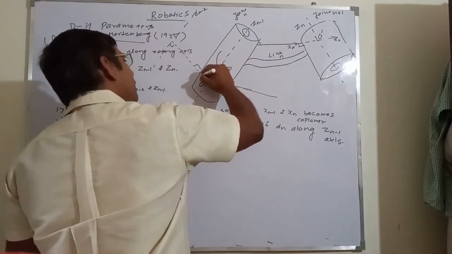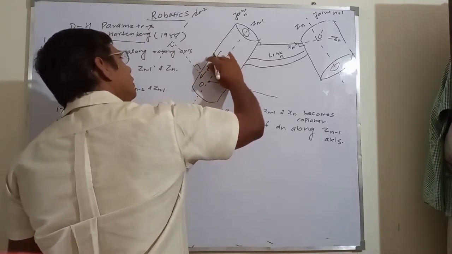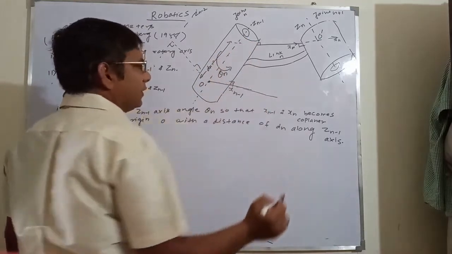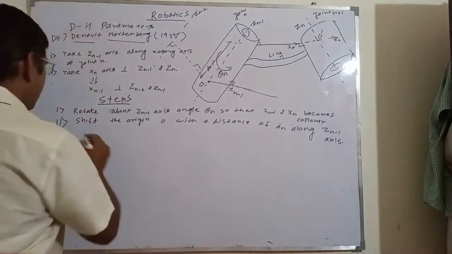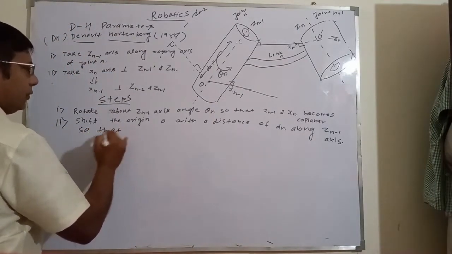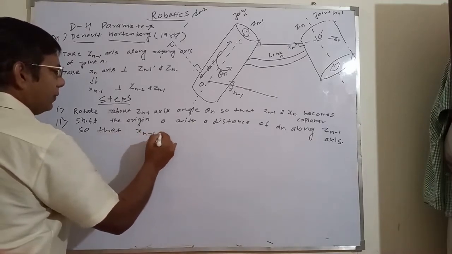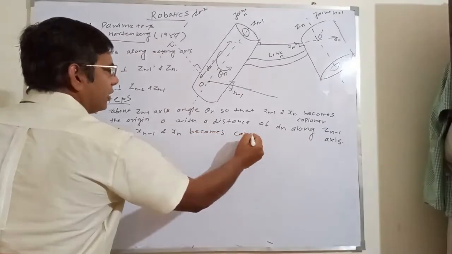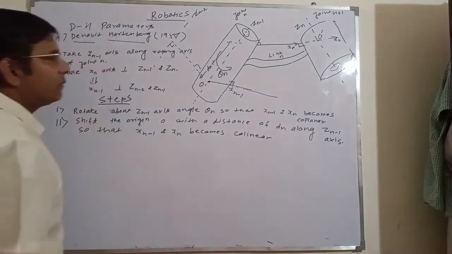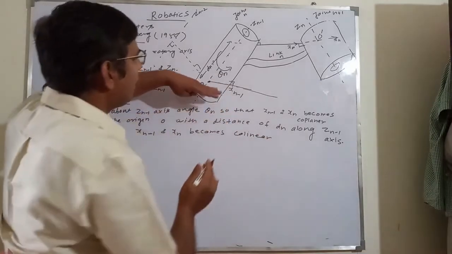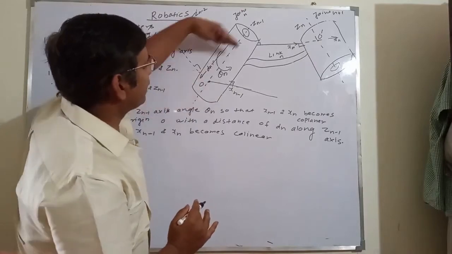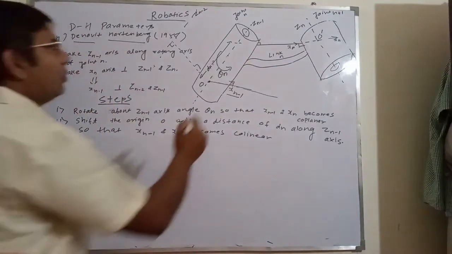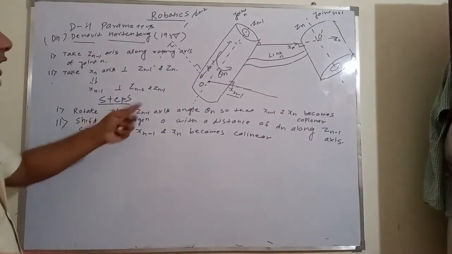So what we are doing, we are shifting it by dn from here to here along z minus 1, so that xn minus 1 and xn become collinear. Okay, so this one, we are shifting it by dn so that xn minus 1 and xn become collinear. Now we have reached here. So we have done 2 steps and we have reached here.